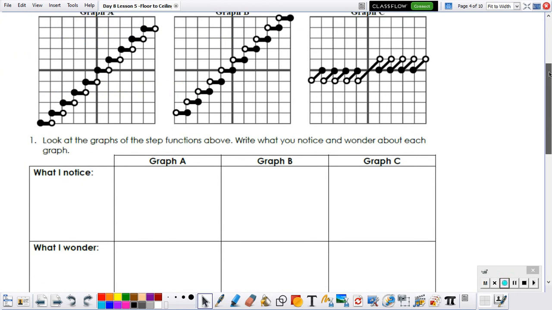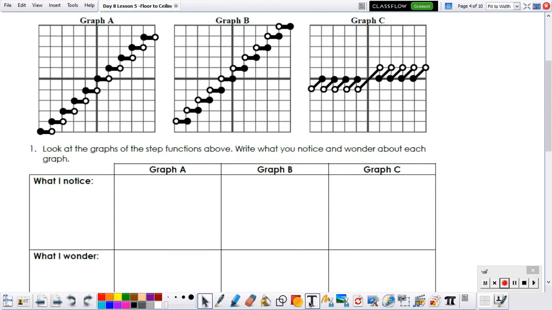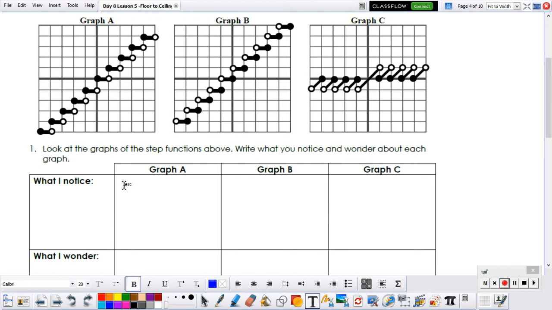Okay, so hopefully for graph A, what you noticed is that there are closed circles and open circles.